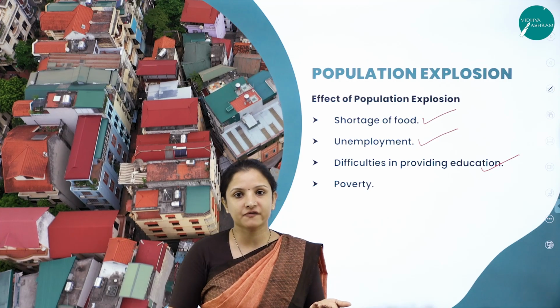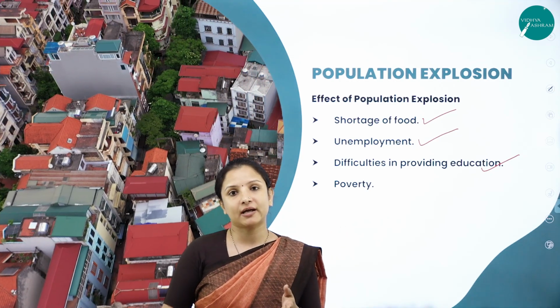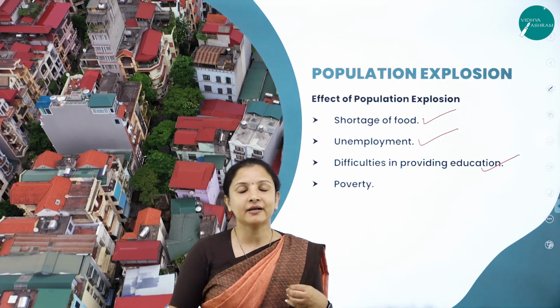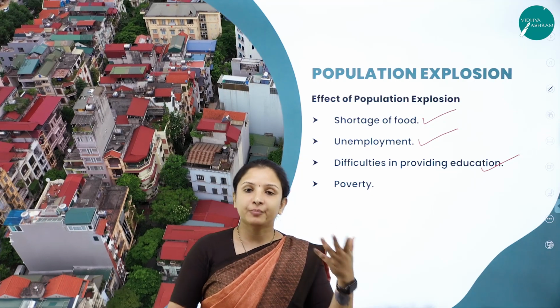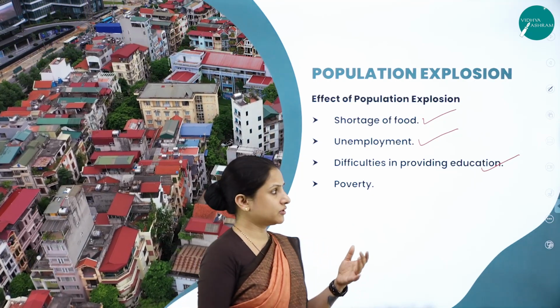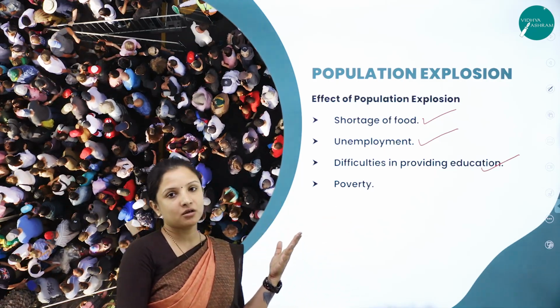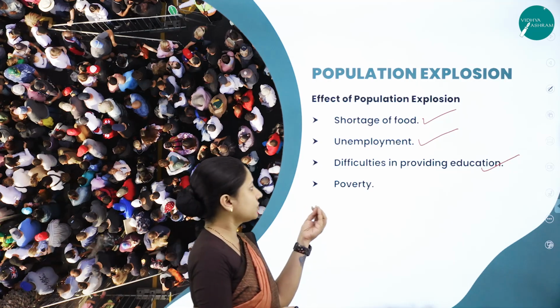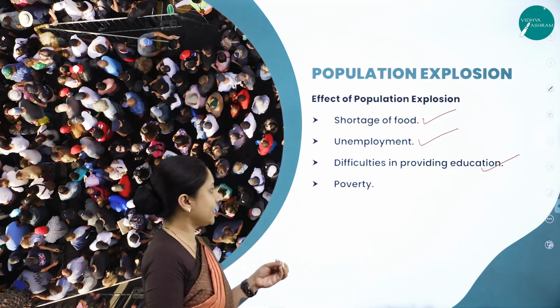Now, if there are more children, with the rising amount of fees and school infrastructure and all that, it is very, very difficult for the parents to pay their school fees, send them to school or give proper education to them. So therefore, it will be quite difficult if the population of a family is more. So difficulty in providing education is one of the effects of population explosion.